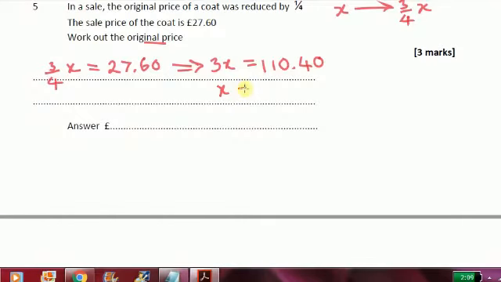I'll do it by hand. 3 into 11 goes 3, remainder 2, 3 into 20 goes 6, remainder 2, 3 into 24 goes 8, so it's 36.80, £36.80 before the sale.